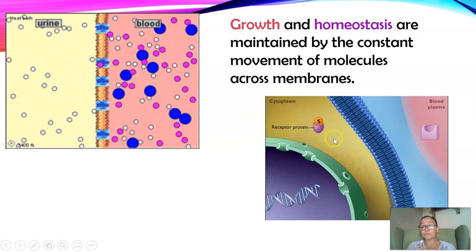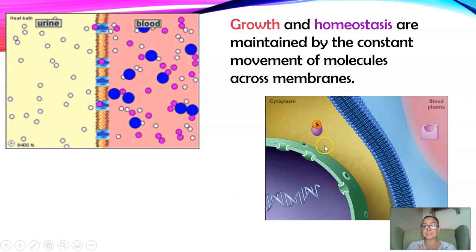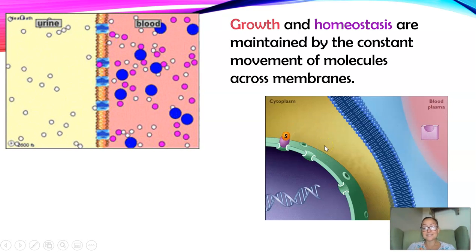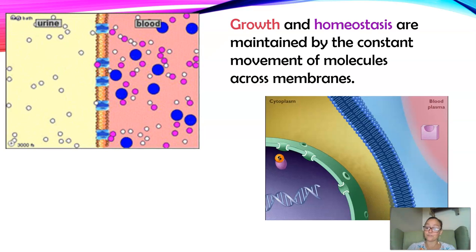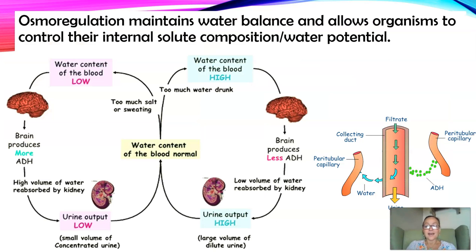And this is actually beautiful. You can see its receptor protein is intracellular, meaning inside the cell, because it is a lipid-based hormone that can diffuse right on through. So here, osmoregulation maintains water balance and allows organisms to control their internal solute composition and water potential.